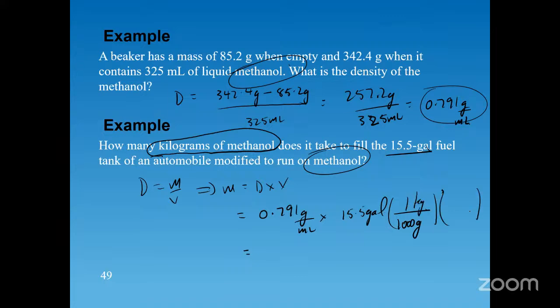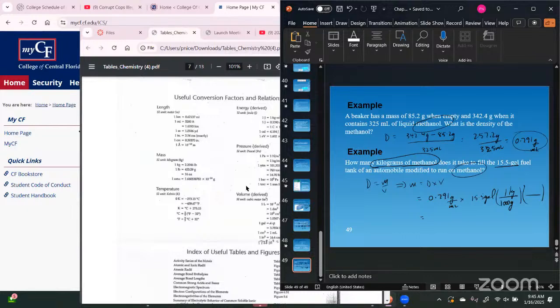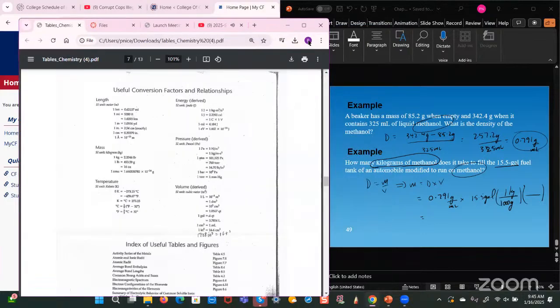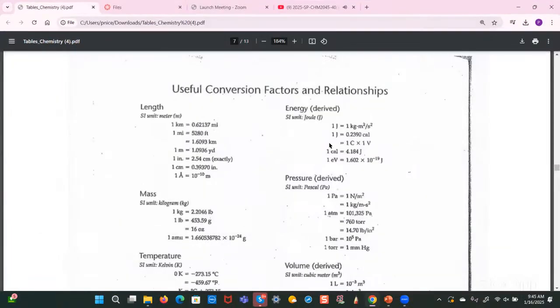Now the next conversion factor is to convert the milliliters to gallons. And again, I don't know what the conversion factor is, so I have to consult the table.